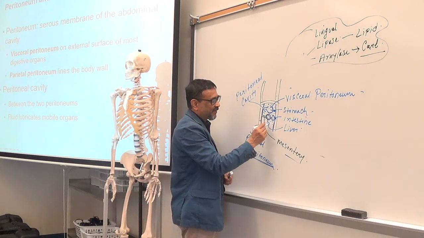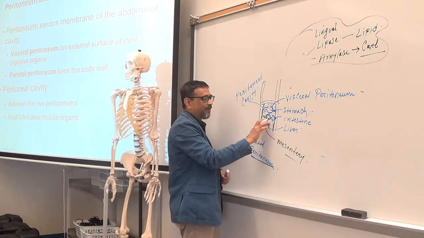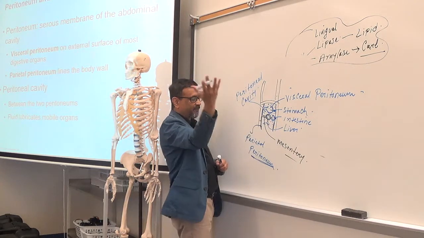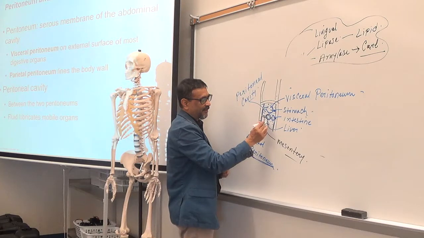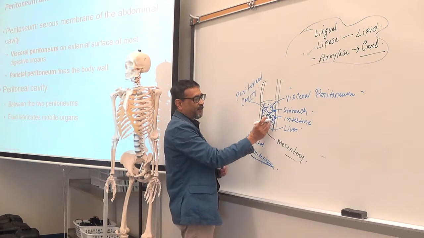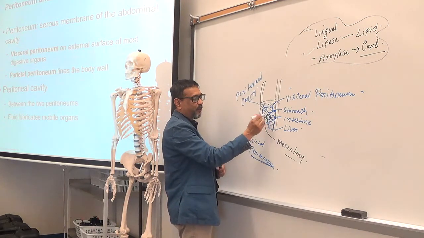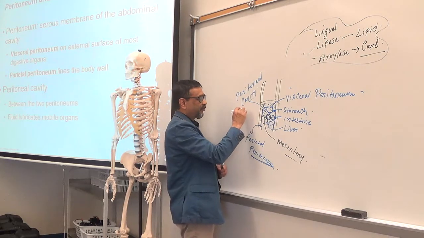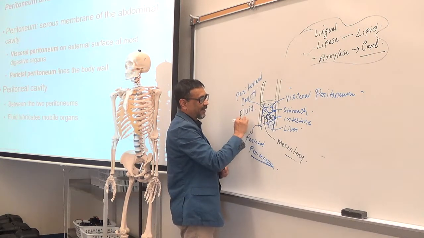So the appendix is here, for example. If the appendix bursts, ruptures, then the foodstuffs will get out, will enter into the peritoneal cavity, and will spread everywhere because you have fluid called the peritoneal fluid inside the cavity.